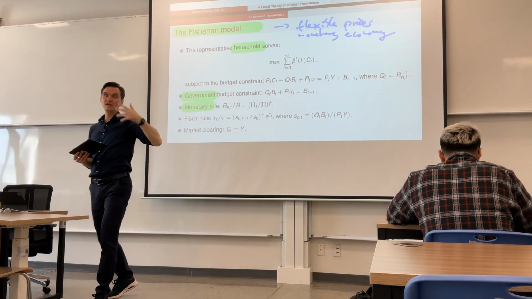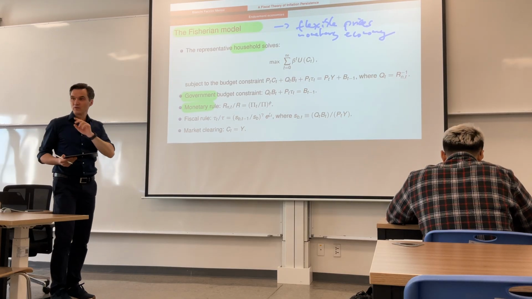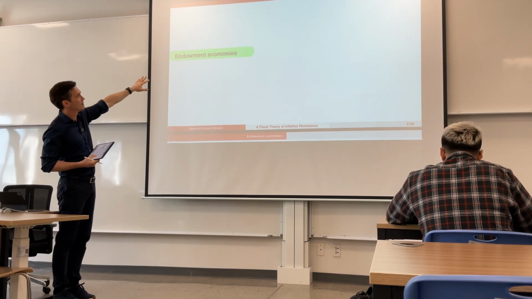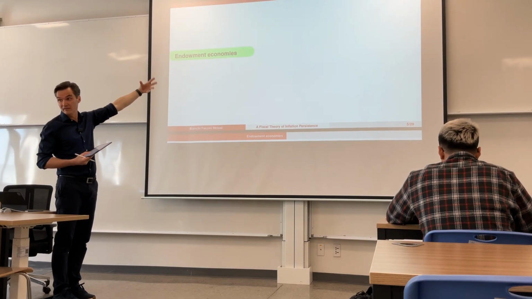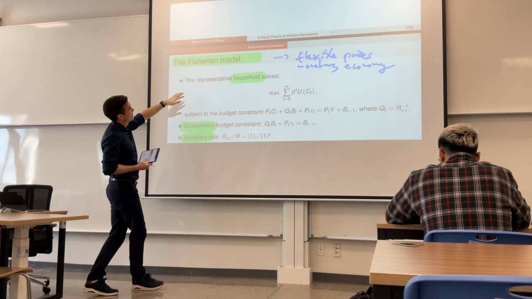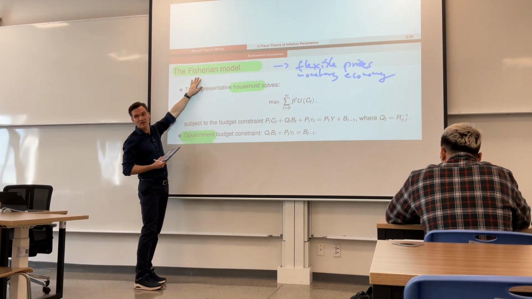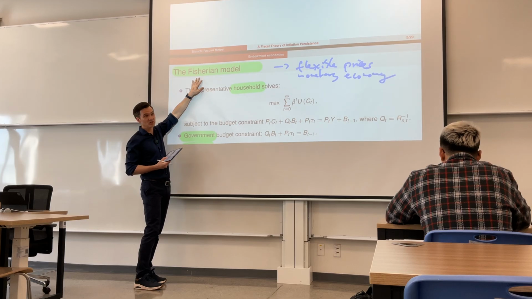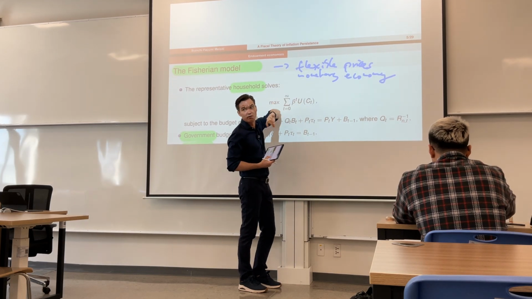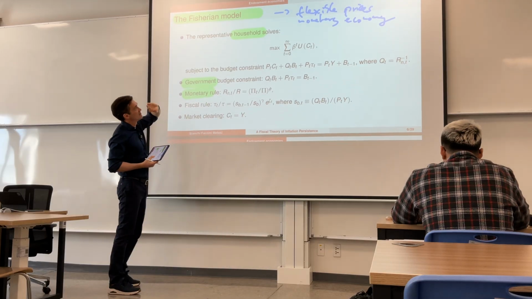So we just started with this slide. This is the endowment economy that the authors study to build intuition about their key result. The endowment economy is called the Fisherian economy, going back to Irving Fisher, and this is a flexible prices monetary economy.